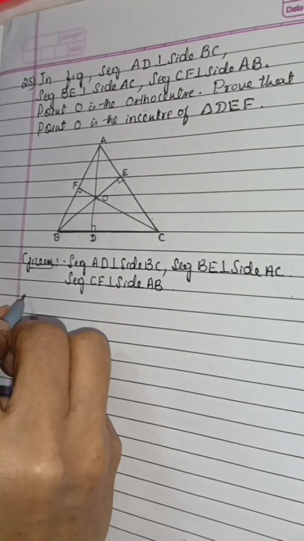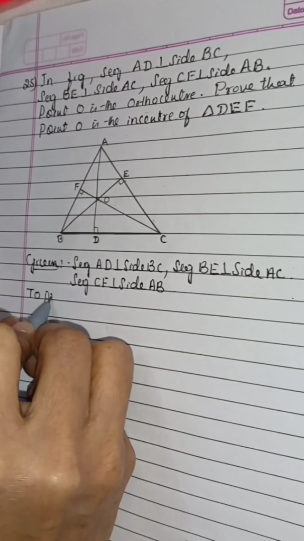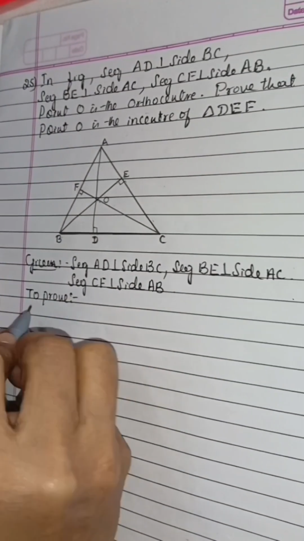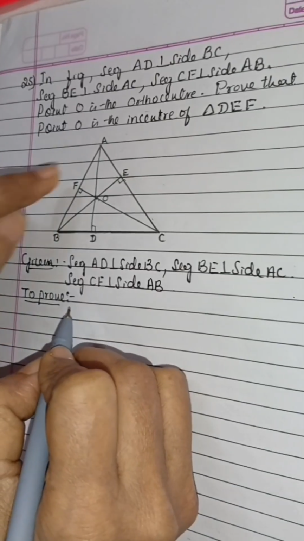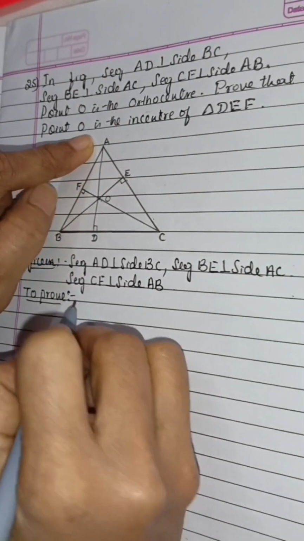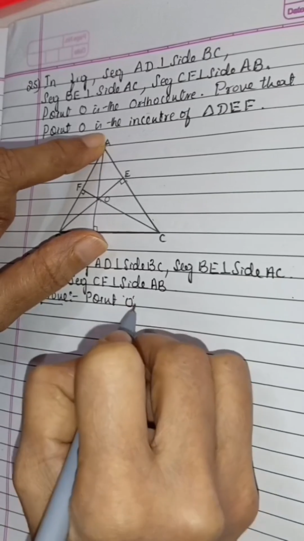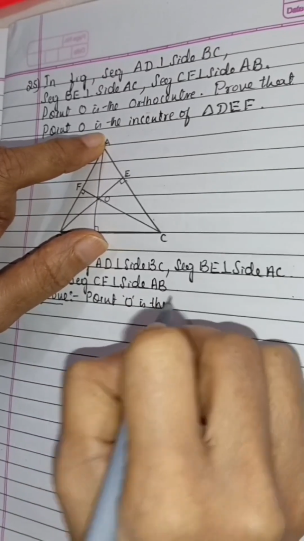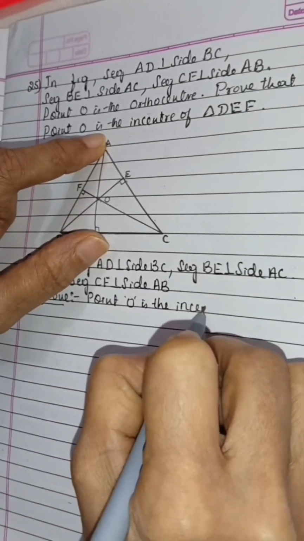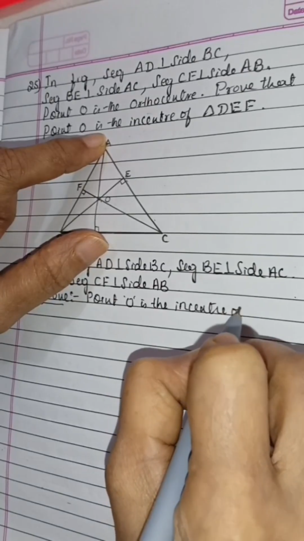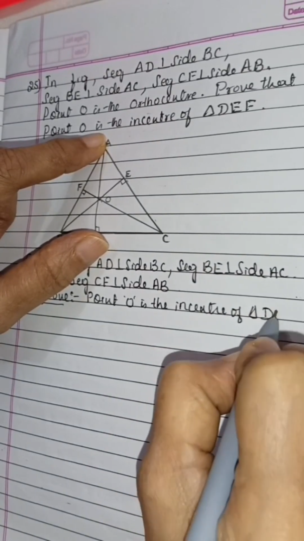Okay, now to prove point O is the incenter of triangle DEF.